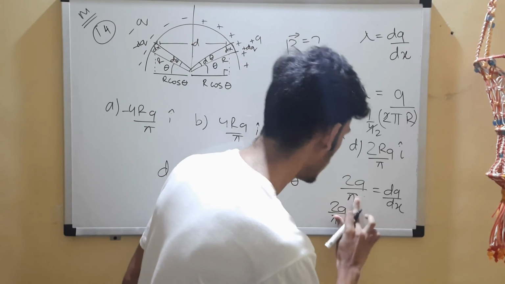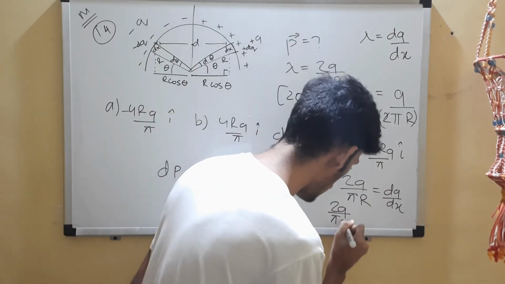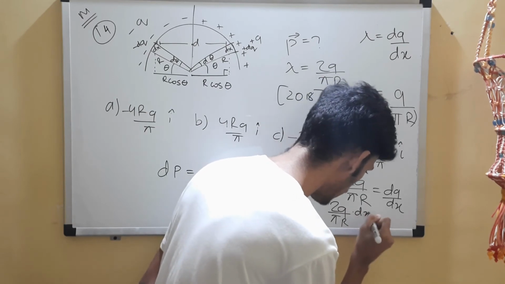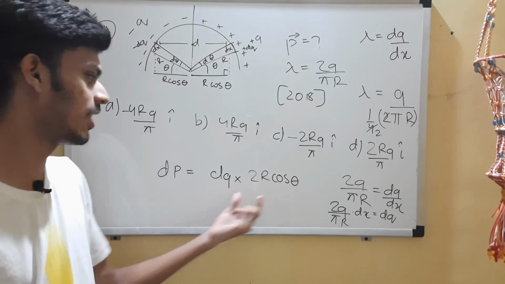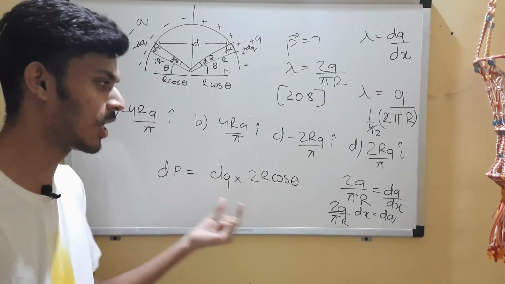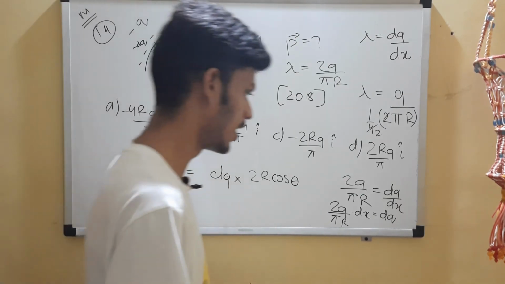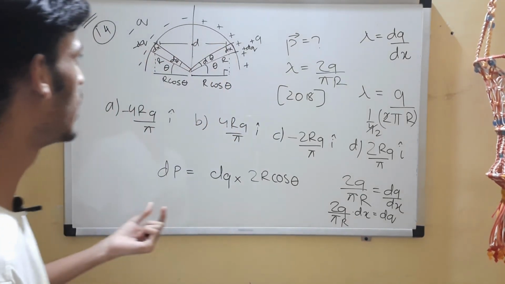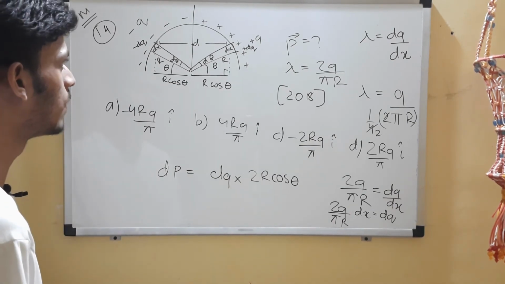So 2q by pi r into dx will give you dq, right? But here we want everything in terms of theta. We want dq in terms of theta, because theta is the variable over here, and we don't want this dx. So we'll express dx in terms of this d theta. We can do that.